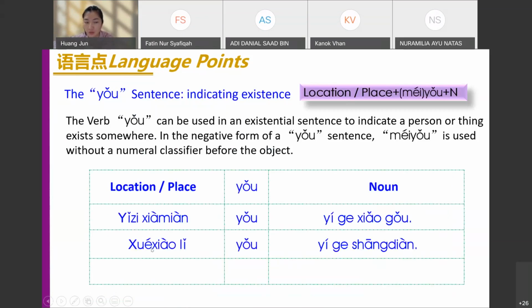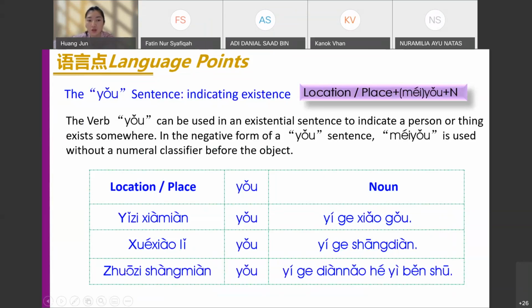Another one: 学校里有一个商店。学校里 means inside the school. I also cannot directly translate this. We put the place in front, the object after. So for inside the school, we have to say 学校里, and cannot directly translate it as 里学校. So 学校里有一个商店 means there is one shop in the school.